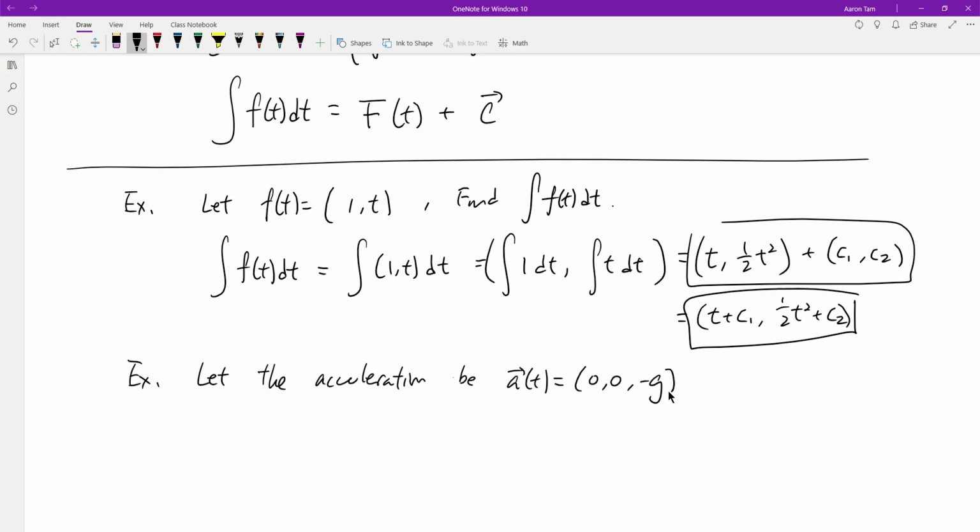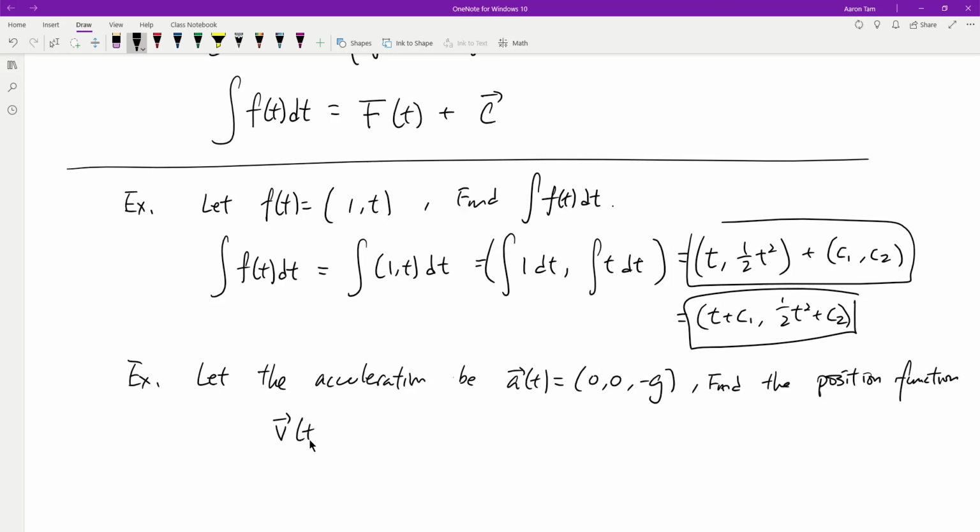In this case, it is very likely to be 9.8 meters per second squared, or was it negative 32 feet per second squared? What I'm going to ask you to do is see if we can find the position function in this case.